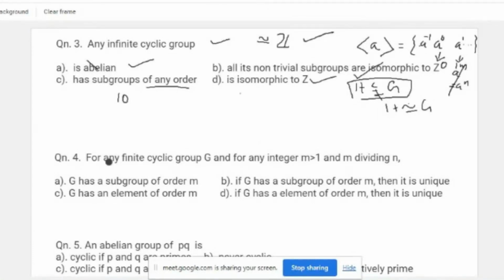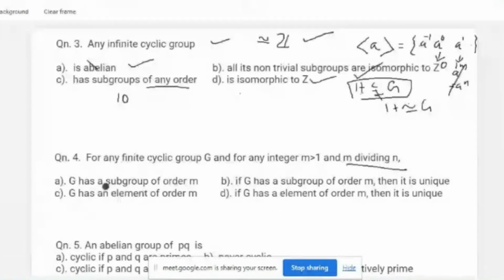Shall we go to the fourth question? Yes, ma'am. Okay, thank you. For any finite cyclic group G and for any integer m greater than 1, m dividing n, which is true or which is not true?